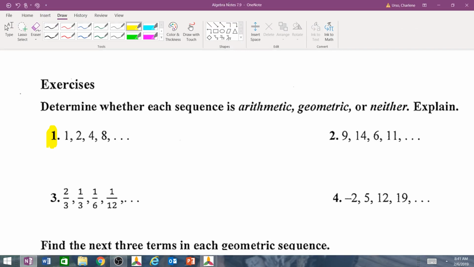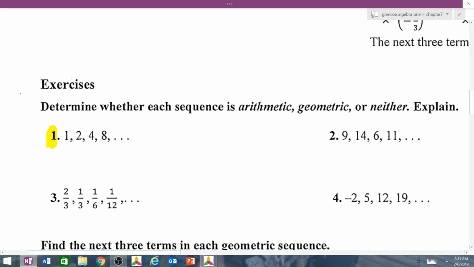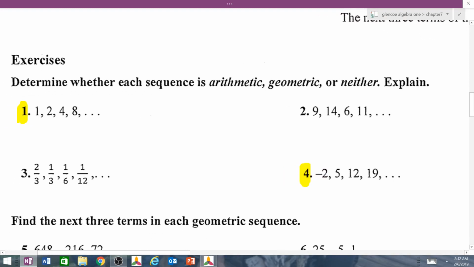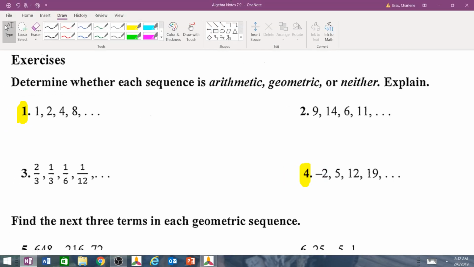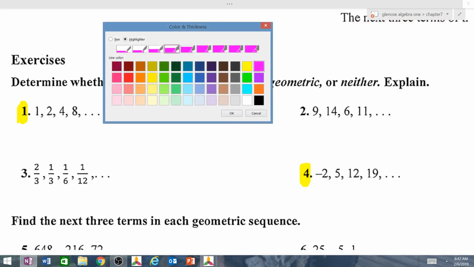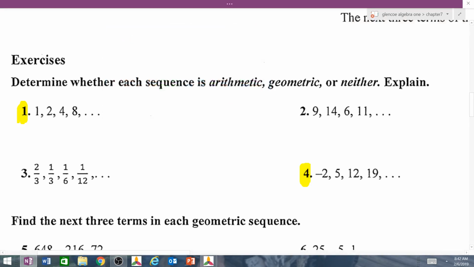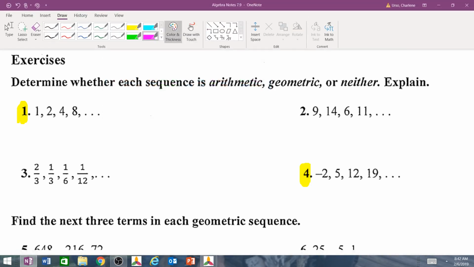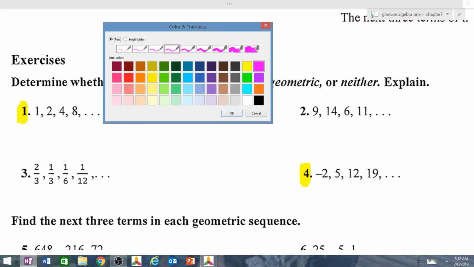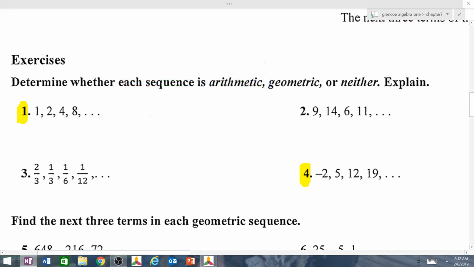How about number 4? So number 1 was geometric, and r was equal to 2.